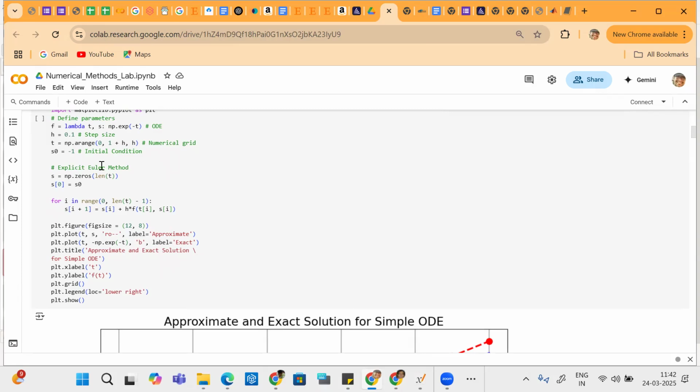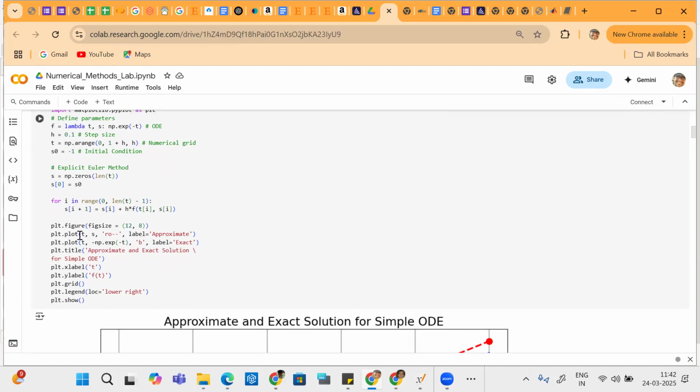Like that, you fill this using a for loop. Yes, that's the idea. So therefore, I am storing S as a zero array. Okay, and then I can update the values in there. So see, this is the for loop. S i plus 1 is S of i plus h times f of ti comma si. Yes, that's the Euler method there.